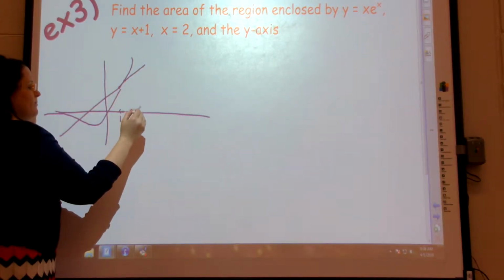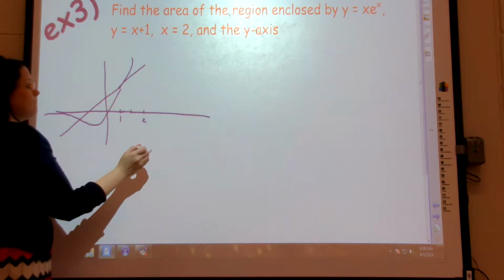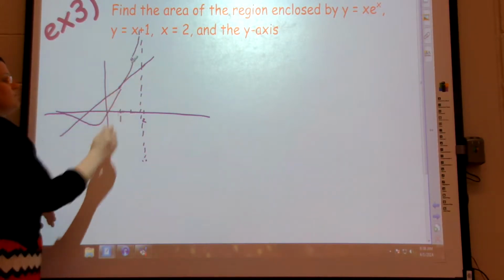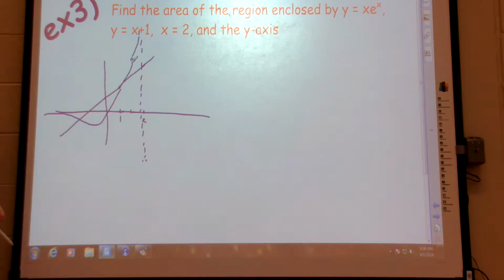So that's 1. This is the line x equals 2? Yes? And the y-axis. So this is one a lot of people pick the wrong region. So I want in between the 2 curves and the y-axis.